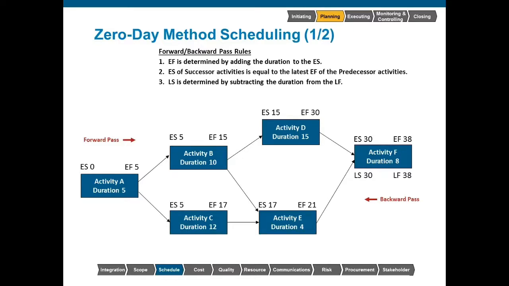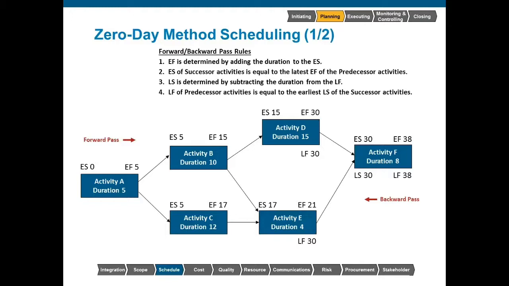So we have 30. Now, when we have a split or divergence here, activity F must start on day 30, so activities D and E have to finish by day 30. Remember, we're using the 0-day method here.